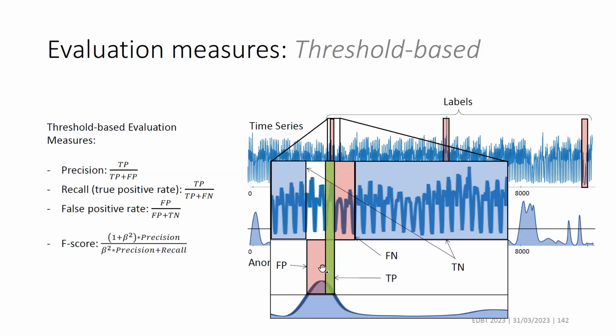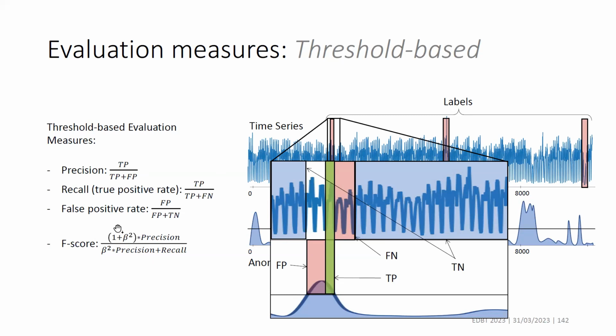So precision is this ratio here, recall is here. False positive rate is also useful: how many false positives you have among all your normal points. And F-score, which takes the best of both precision and recall. There is a beta parameter, usually we use 1, so the F1 score.